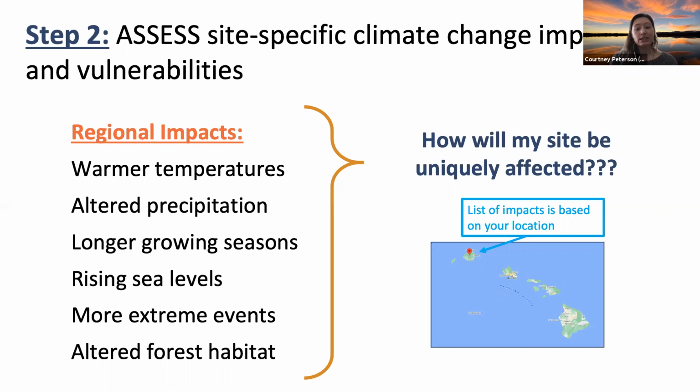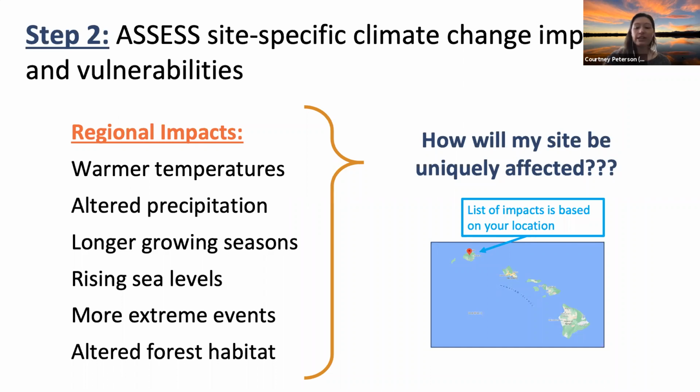And so again, we really split this step up into 2 different components. One is an assessment of those regional impacts, where we're bringing in that literature and all the vulnerability assessments that have been done for the region and really compiling that all into a place that you can reference. And then thinking about those unique site-specific considerations about the areas you care about.